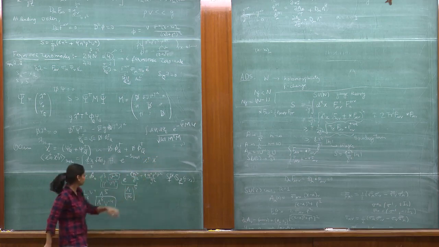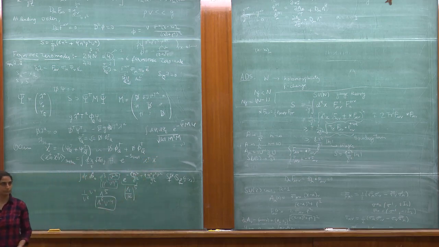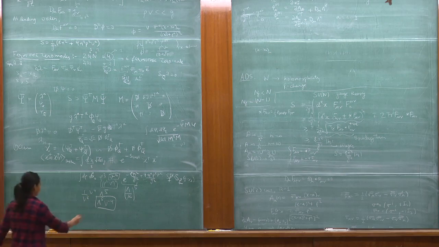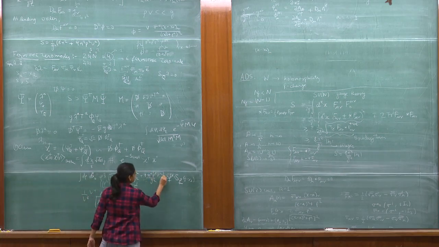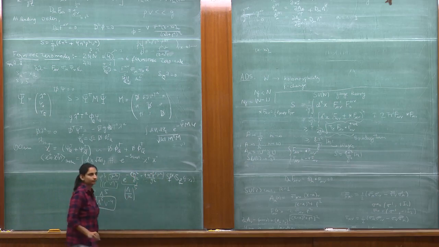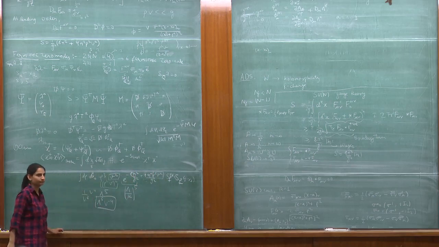But there is one more thing, which is that you also have to integrate over the size of the instanton. And that integral is controlled by the v squared rho squared in the action. So every factor of rho is like 1 over v.